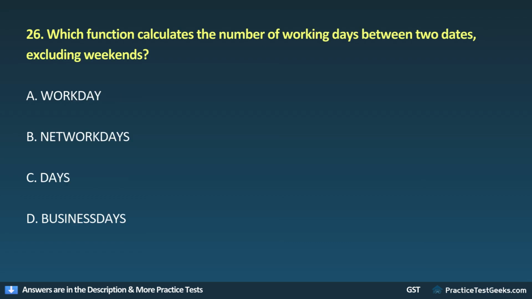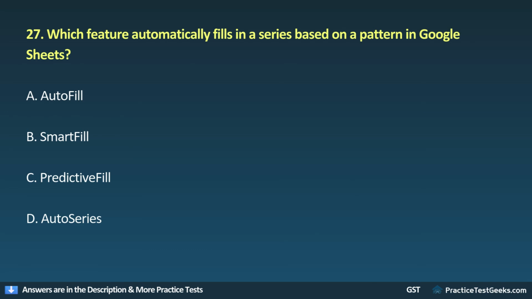26. Which function calculates the number of working days between two dates, excluding weekends? A. Workday. B. NETWORKDAYS. C. Days. D. Business days. 27. Which feature automatically fills in a series based on a pattern in Google Sheets? A. Autofill.